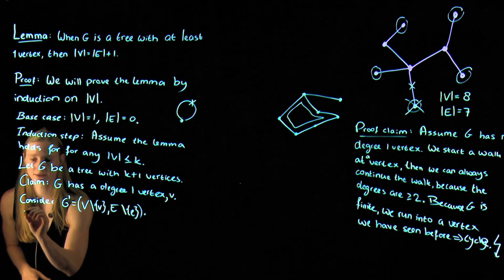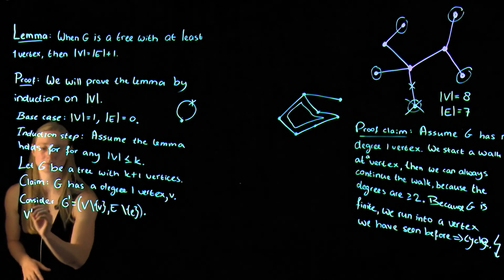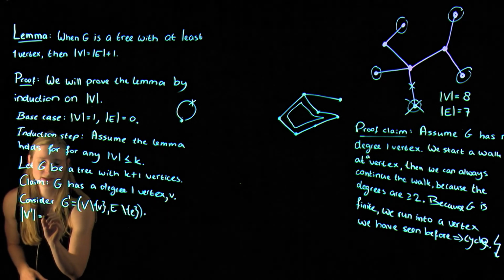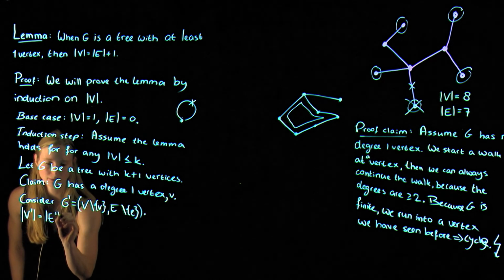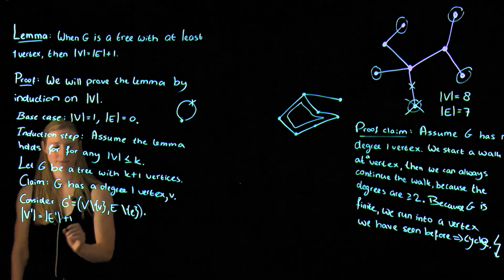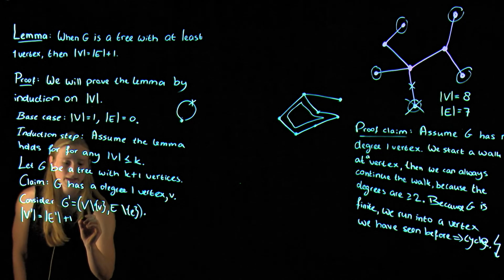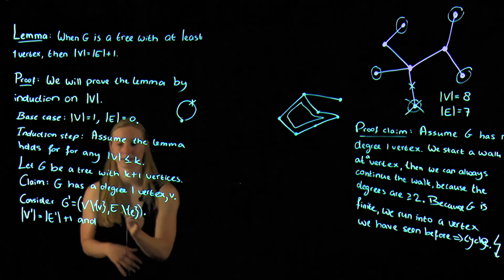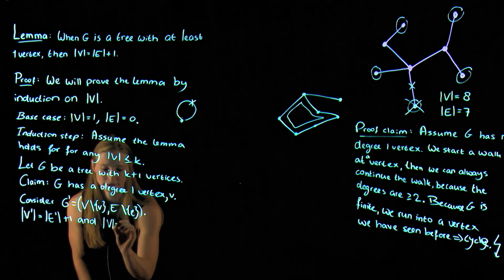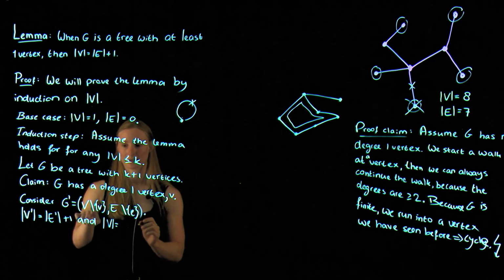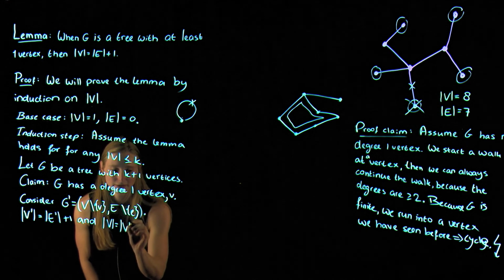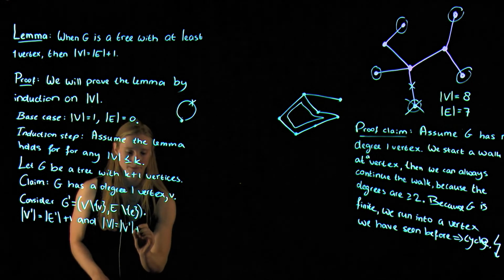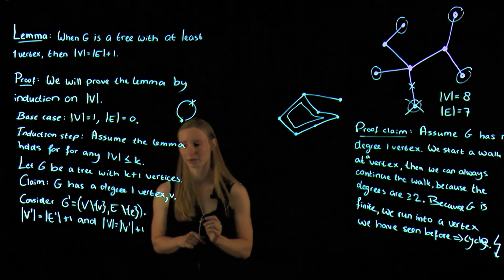this, so the size of V prime is equal to the size of E prime plus 1. And there are two more things we know, namely that the original size of V is equal to the size of V prime plus 1, because we removed one vertex.